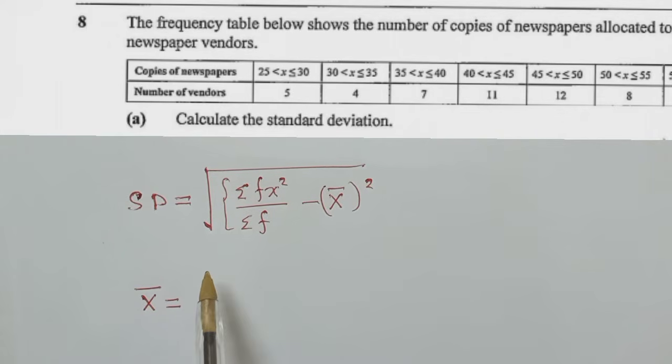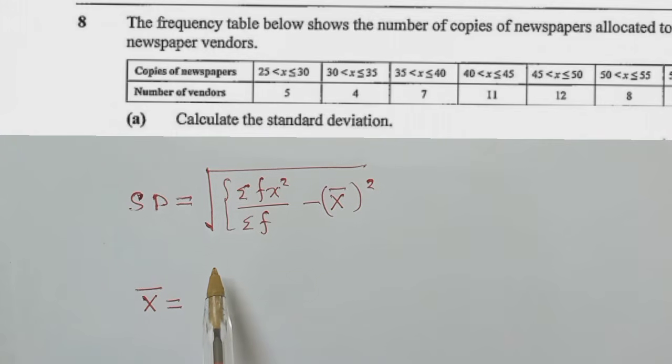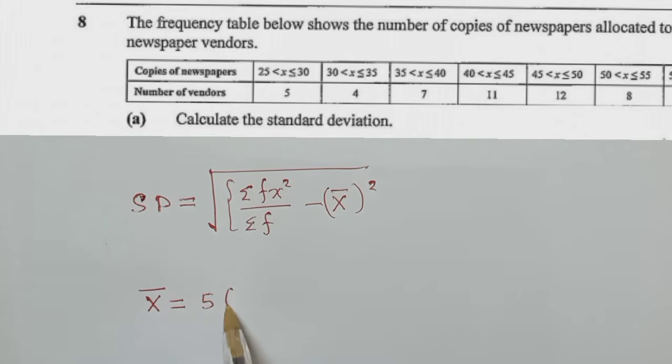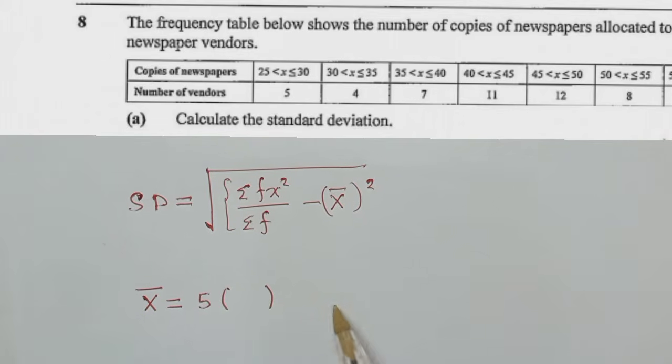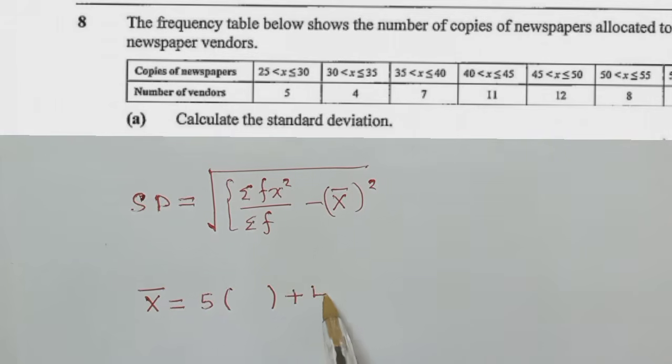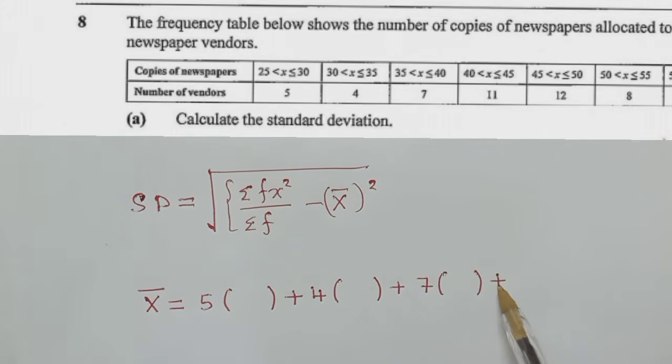Now we go to the frequency table and check the numbers of vendors. We're starting with 5. Put it under brackets, plus 4, plus 7. So follow the steps nicely.